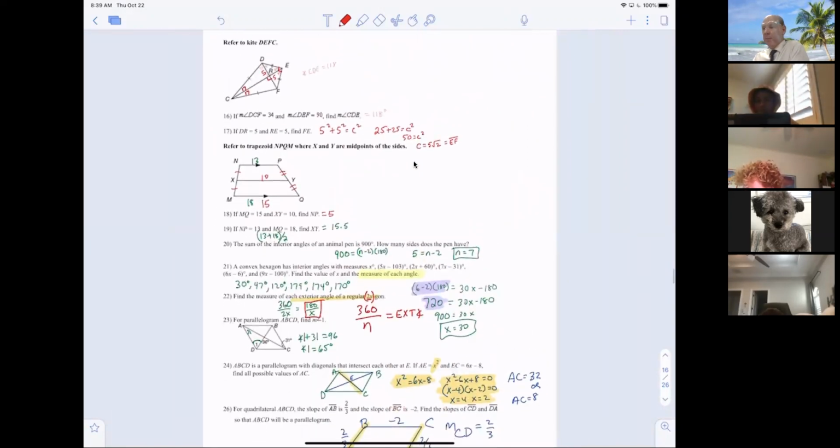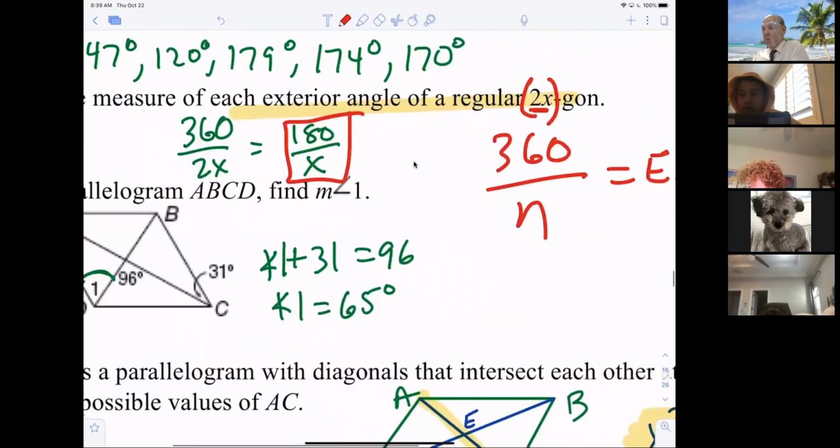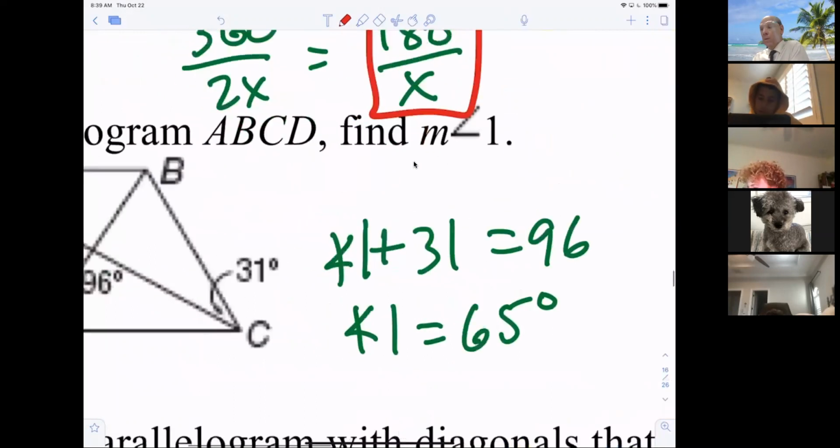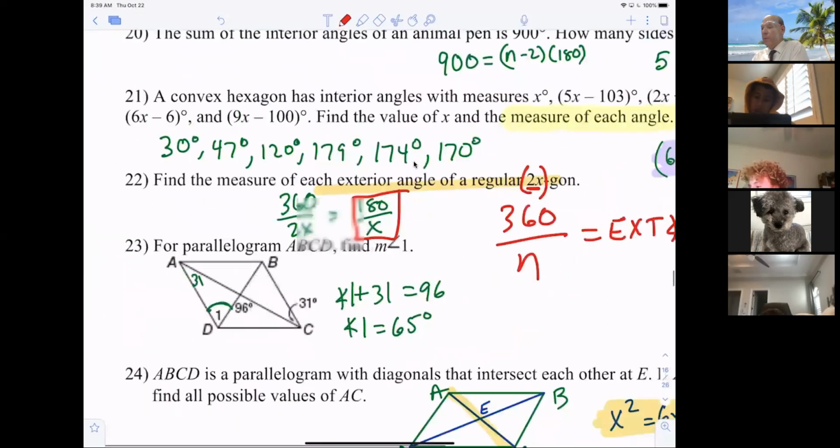Yes. Yeah, because X is not defined as a number. I like that problem. There's a formula, 360 divided by the number of sides.